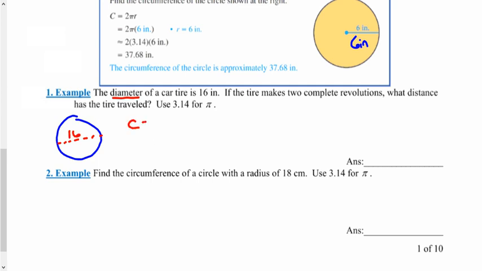So our circumference is going to be pi times 16. Or we're going to use 3.14 and multiply that times 16. Okay? So let's go ahead and do that. We'll do one of them by hand. I'm going to use calculators a lot on this. But we can do some of these by hand.